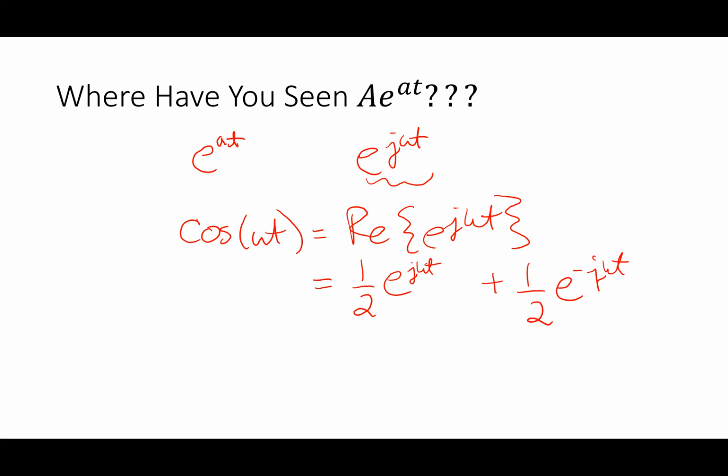Whether it's front of mind or somewhere buried in the bowels, it's there, right? That relationship. What I'm trying to say with that is that cosine omega t is basically two exponentials like that. How does that relate to this?